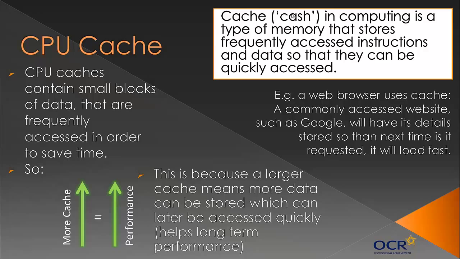Instead of having to interact with memory, the processor has to interact with cache, which is right next to it, and that is obviously quicker to access, and the memory is designed so that it's really quick to access. So if you have a large cache, more data can be stored in it, which improves performance over the long term.